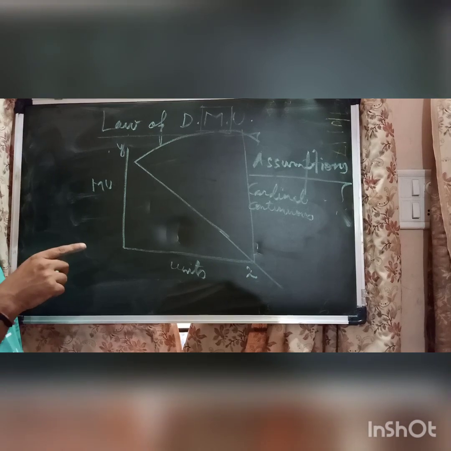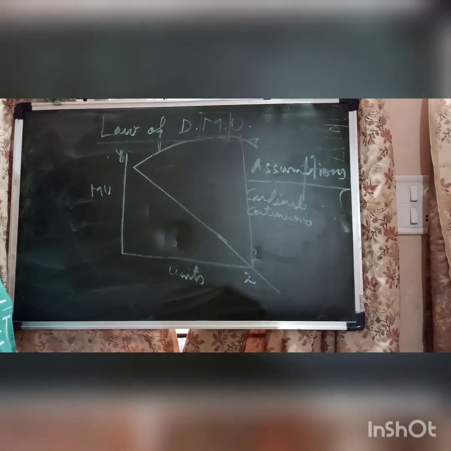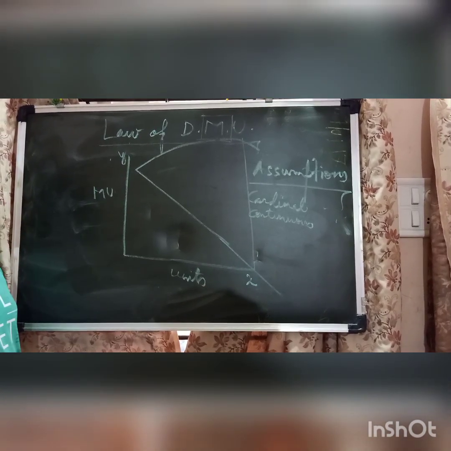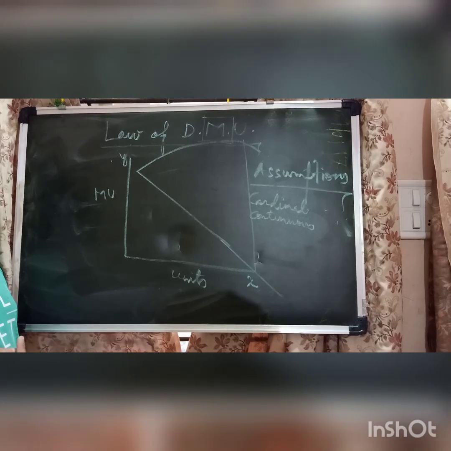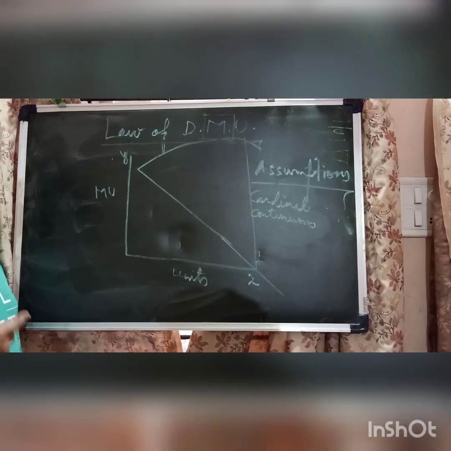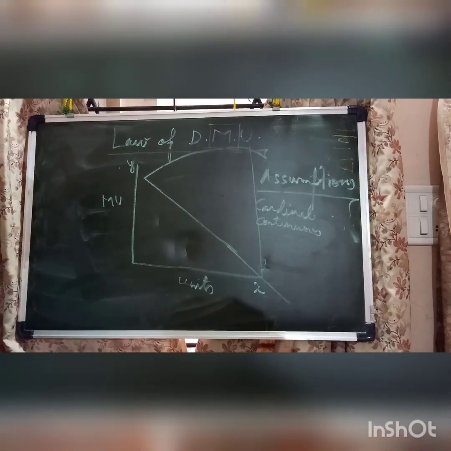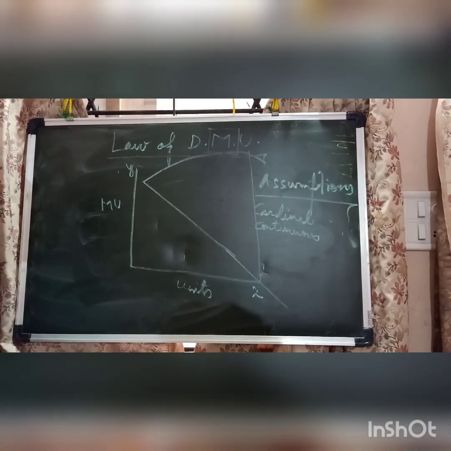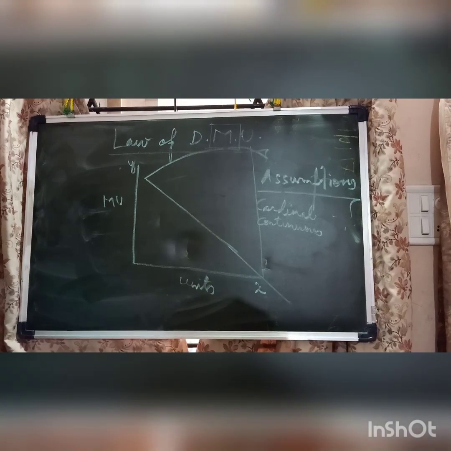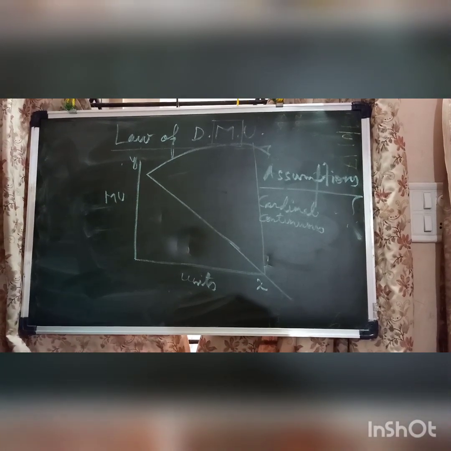But if I am taking ice creams in different time slots, one morning, one afternoon, one evening, then this law is not applicable, because all 3 times I can have 3. So there should be a continuous consumption. Then there should not be any change in quality.